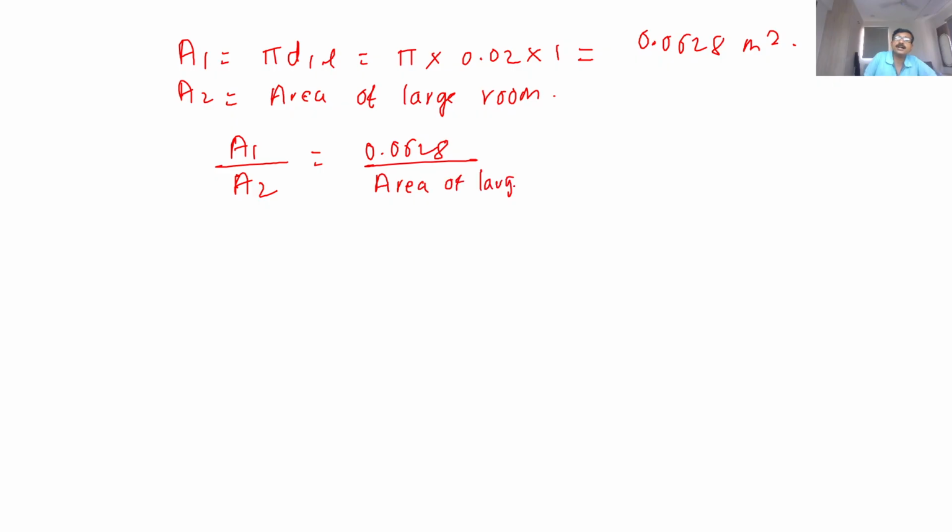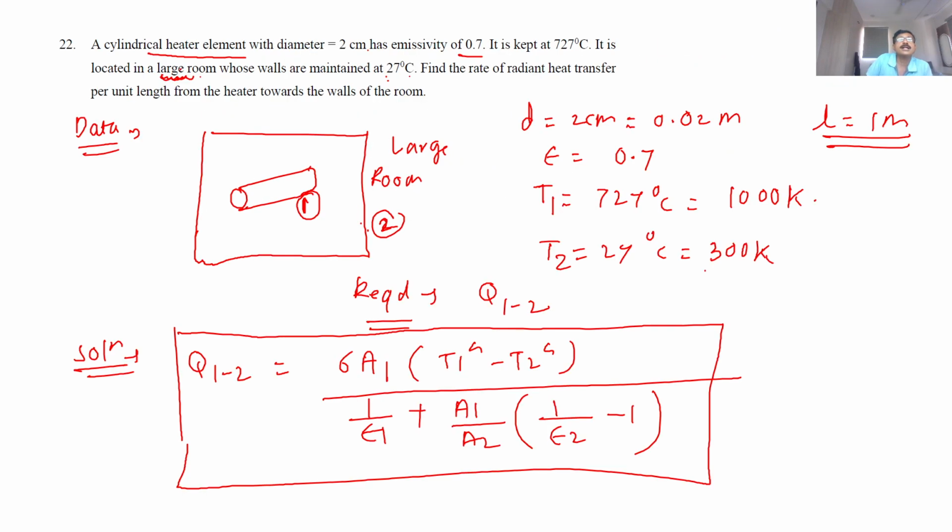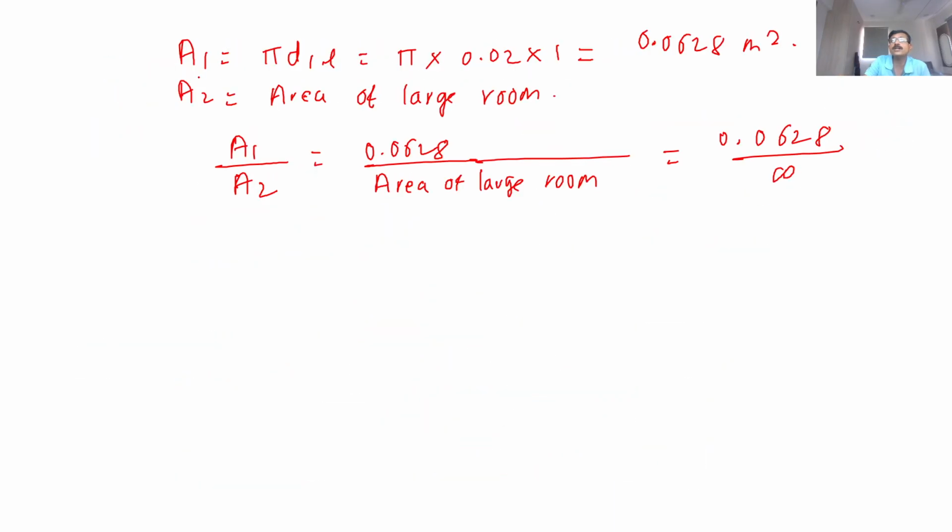Large means very, very large, so I will take it as infinity. It is an assumption, but as the data is not given, we have to consider it. So that's why I told you this word large has a certain meaning when dimensions are not given. Large means infinite, so the area is also infinite, and anything upon infinity becomes 0. So the A1 by A2 ratio comes 0 in this case because of the large room.